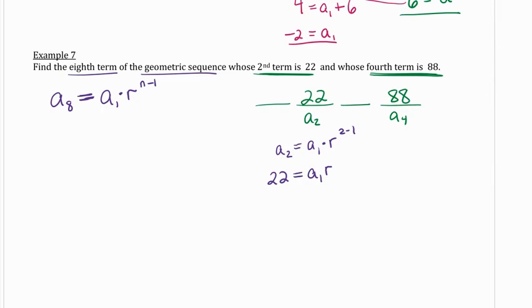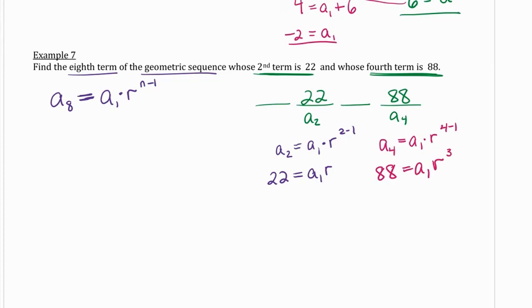Then for A4, we'd want our first term times common ratio to the 4 minus 1 power. Our fourth term is 88. And then our first term times the common ratio to the third. 4 minus 1 is 3, right?